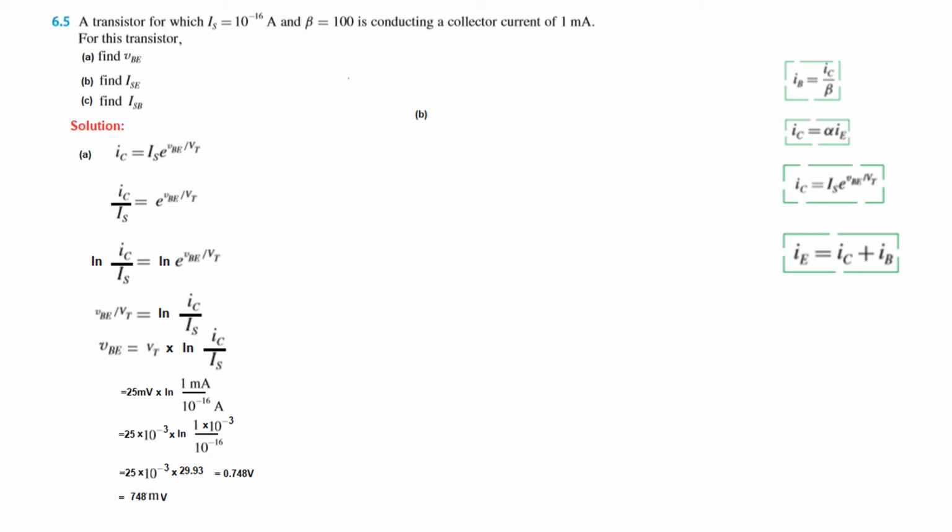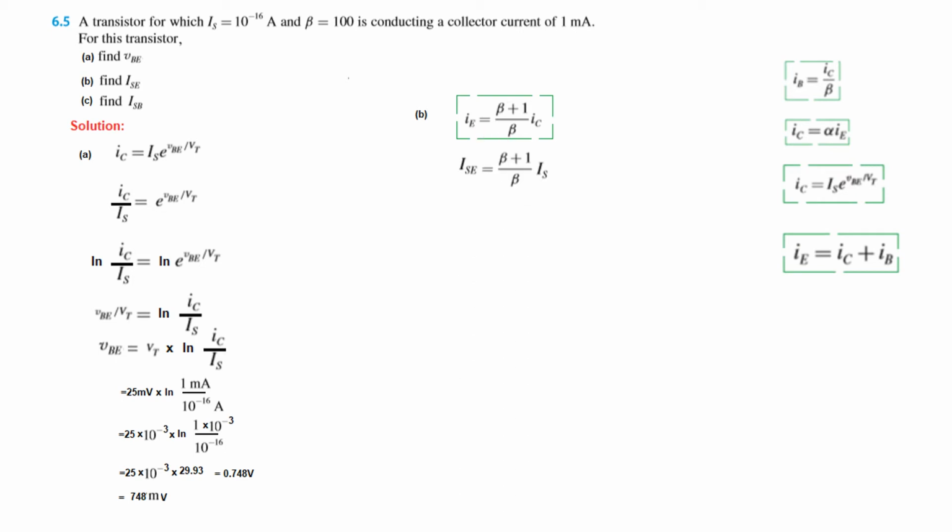Now let's go to the second part. Now we have to calculate ISE. This is IS, which is the component of the collector current. And so to find ISE, we have to take help of the formula of IE.